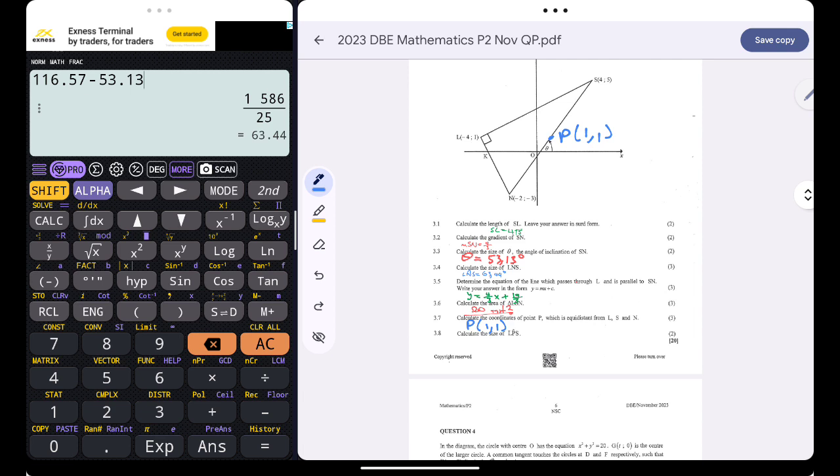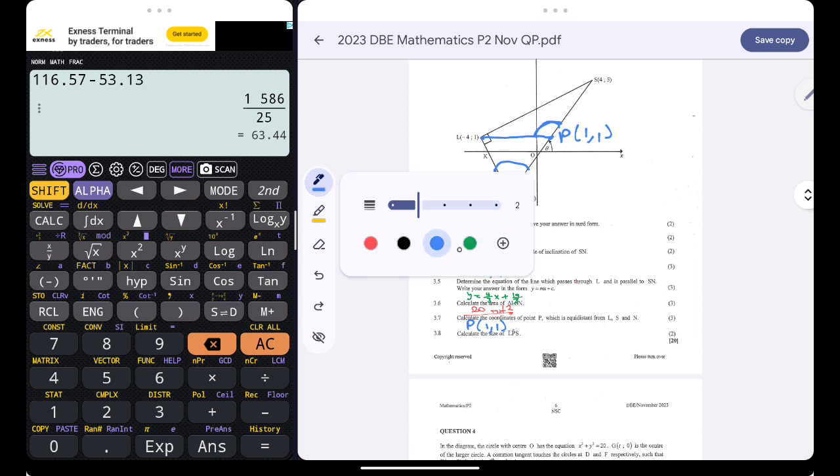It's L, P, and S. They want me to find this angle over here. How can I do so? Remember that I found this angle over here to be 63.44.